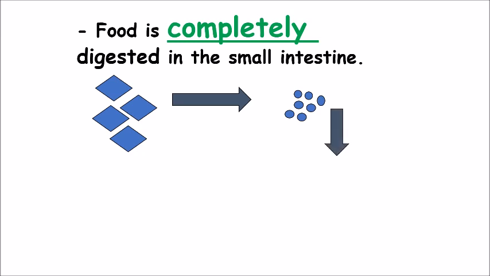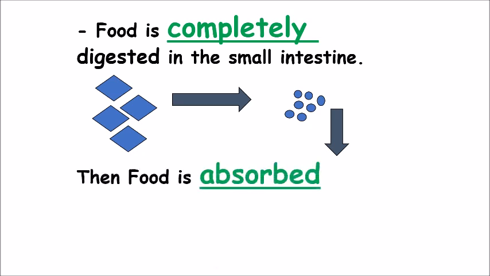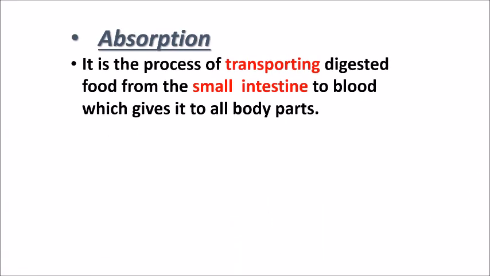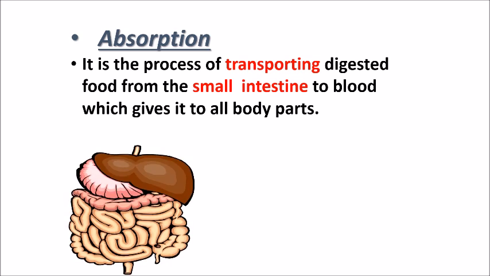Also, after the food gets to its simple form, it's absorbed from the small intestine to the blood. What is the meaning of absorption? We will see now. It means transportation of the digested food from the small intestine to the blood, which gives it to all the body parts.